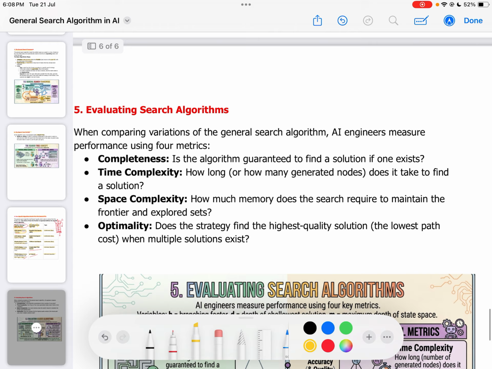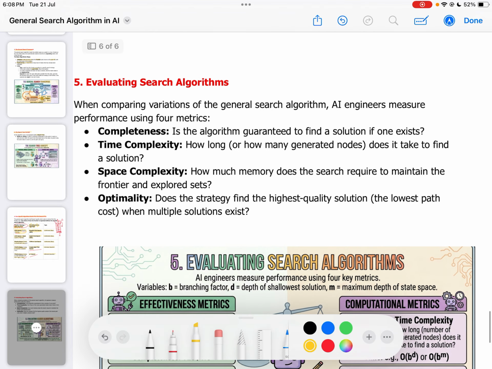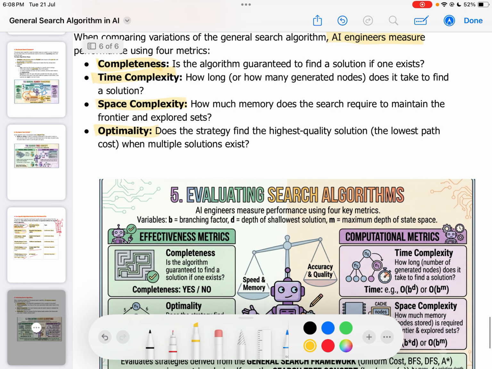Then see how will you evaluate a search algorithm, which is better, which we should use. All this, as AI engineers, how do they measure? They have four elements: completeness, time complexity, space complexity, optimality. So let's look at each of these. What is completeness?